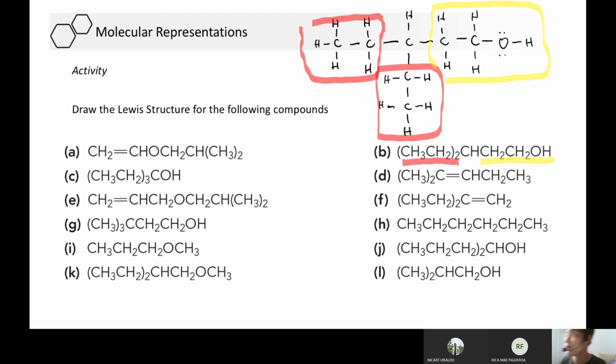So looking at letter B, we have 2CH3, CH2. Ibig sabihin may dalawa tayong itong naka-red box na yun. Ito yung dalawang CH3, CH2, CH3, CH2. And they are connected to the next carbon. Itong C na yan. Okay? Then yung H, ganun din.